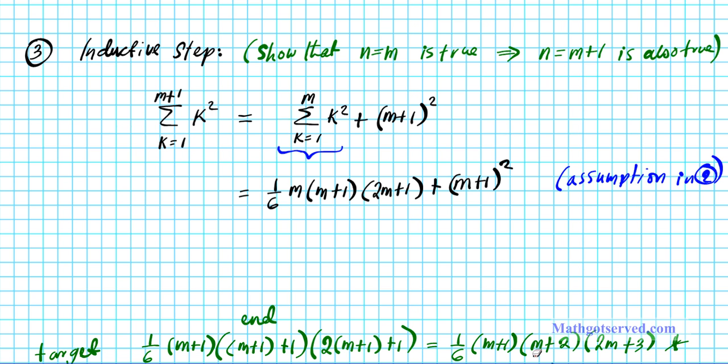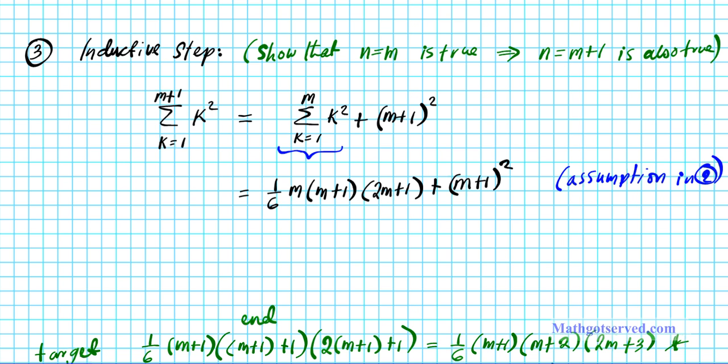Now this is our end result right here. Keep an eye on the target so we can know how to work this out. You notice that 1/6 and m plus 1 are factors. So what I want to do is factor out 1/6 and m plus 1 from these two quantities right here. It's obvious that m plus 1 is present, but there isn't any 1/6 here. But I can factor any number I want from any number.